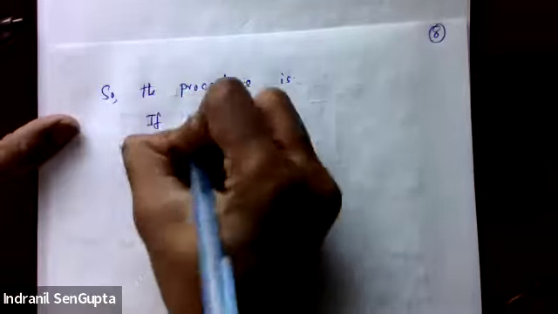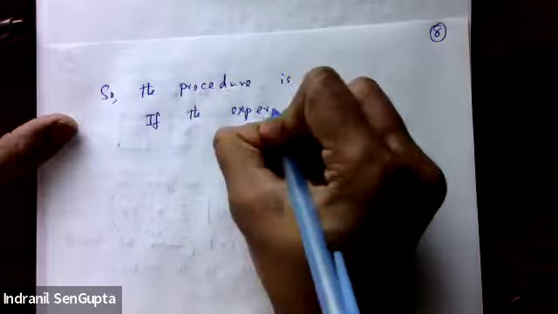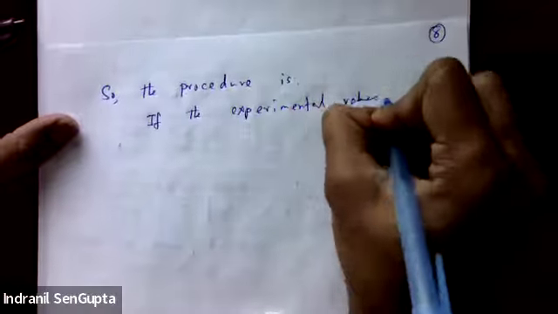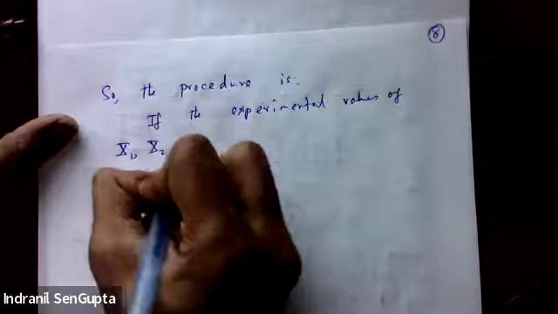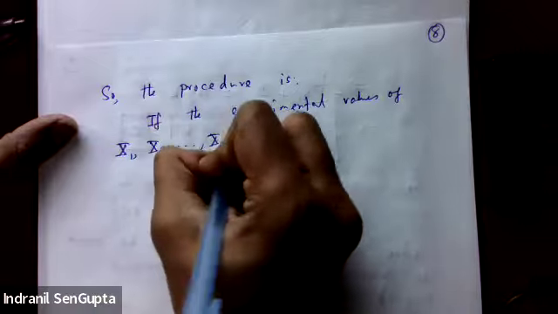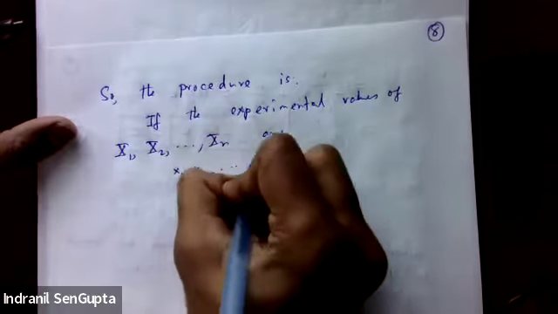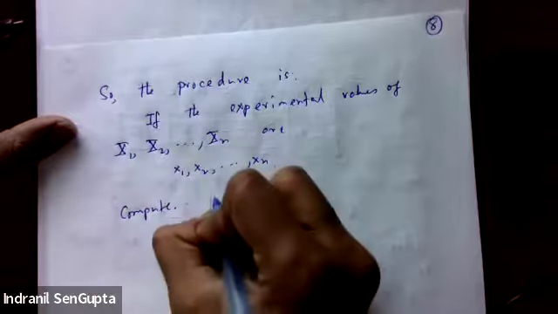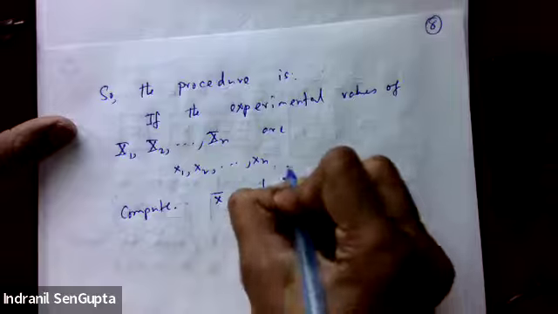If the experimental values of x1, x2, xn are, say, little x1, x2, xn, compute little x bar equals 1 over n times the sum of xi from i equals 1 to n.